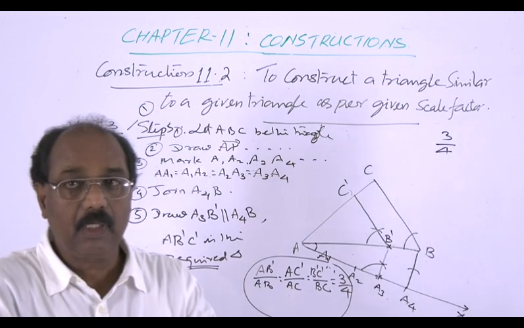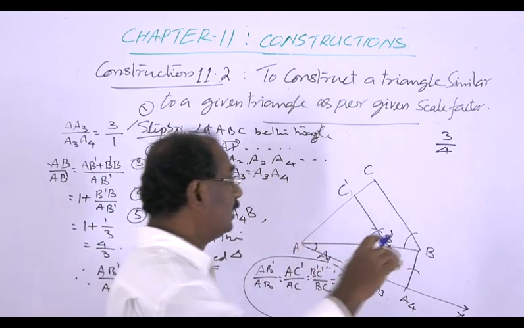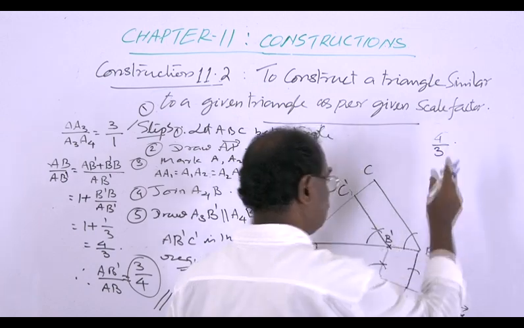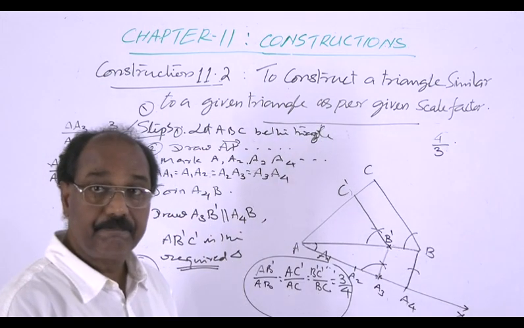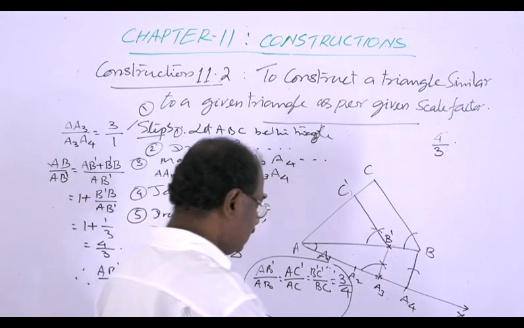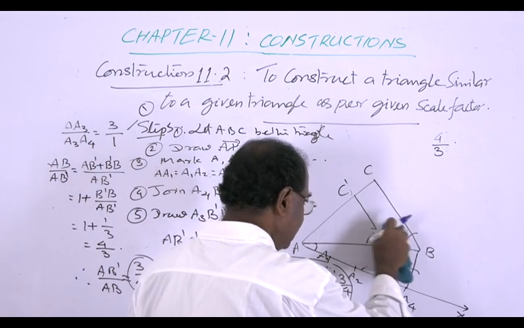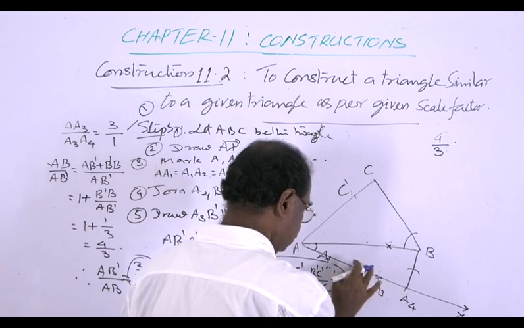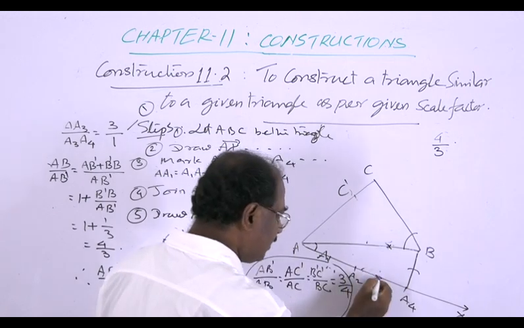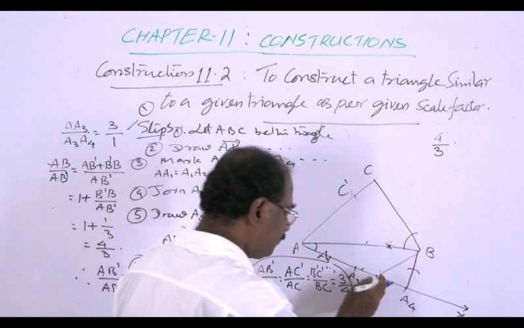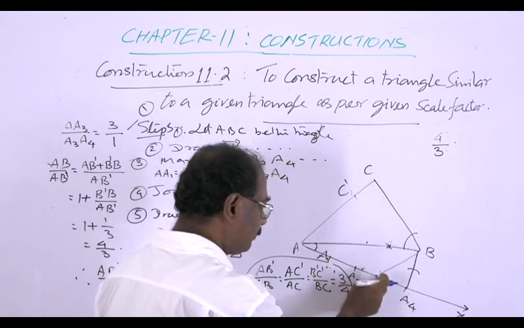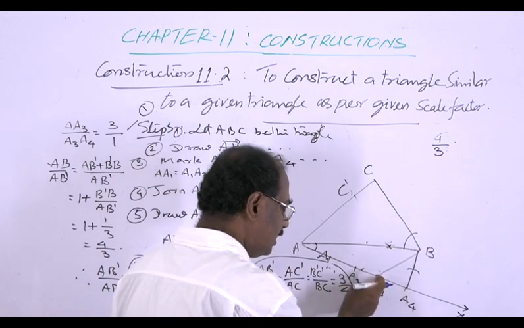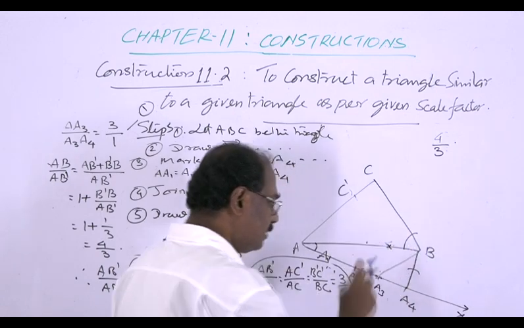Okay. And now consider the scale factor in the reverse order, 4 by 3. In this case, the slight difference is this. Join this A3 with B, instead of joining A4 with B as in the first case.